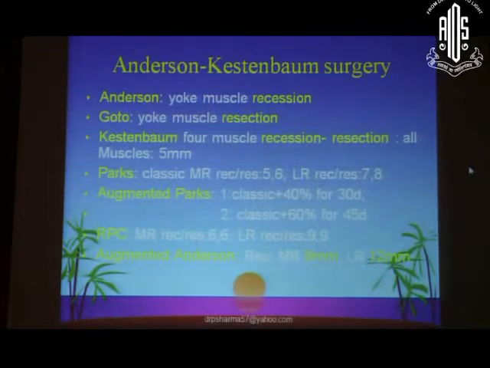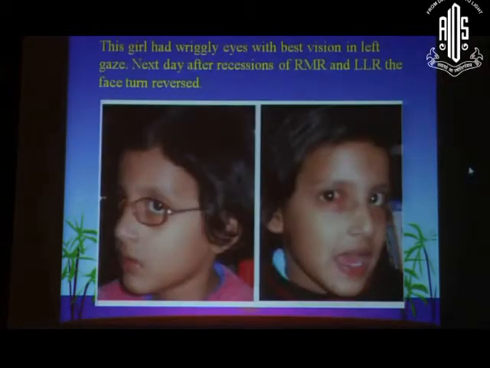But this was found to be insufficient, so augmented Parks, 40% or 60% augmentation was there. We earlier have been doing an MR recession procedure of 6, 6, 9, 9, and recently we have found that up to 30 degrees of eccentric null can be easily corrected by augmented Anderson's procedure, which is medial rectus 9 mm and lateral rectus 12 mm, as we have shown.